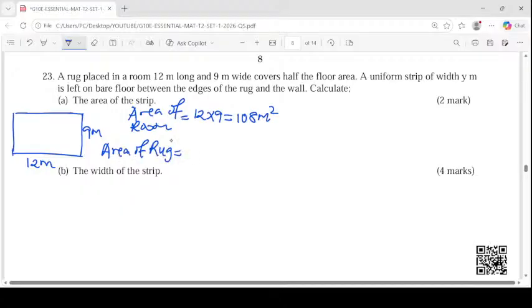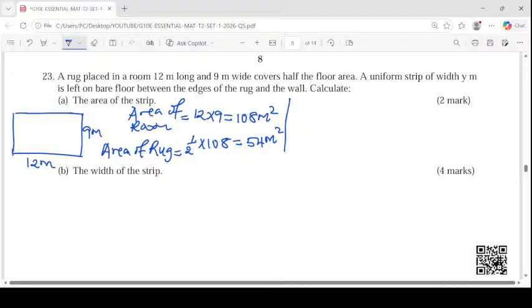Because they say that the rug occupies half the floor, it will be a half times 108 to give you 54 square meters. That is the area of the rug.